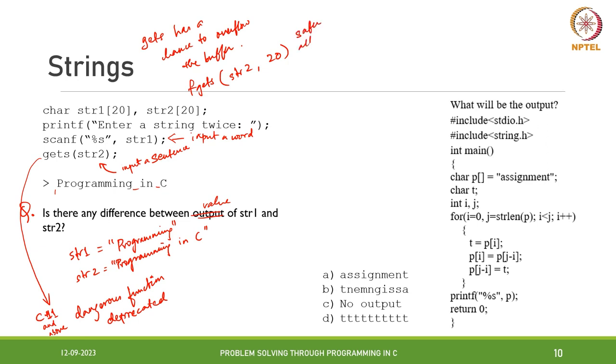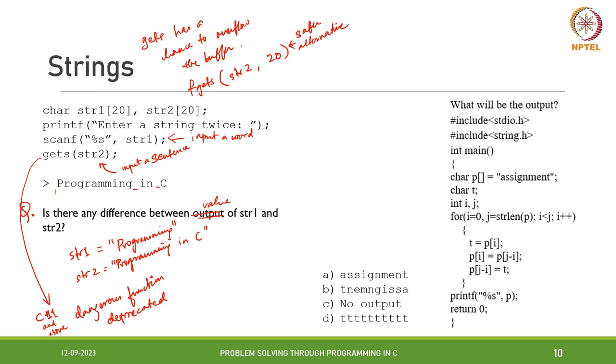Sir, we have already declared str2 of length 20. Then why should we go with fgets? Because gets can take any number of characters as input.